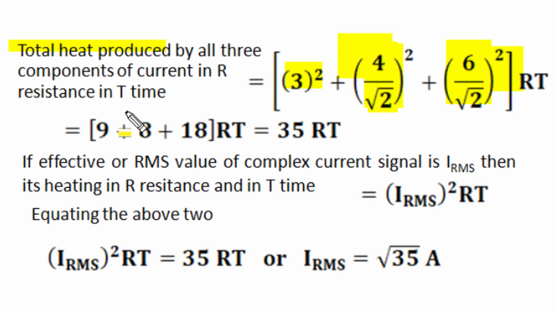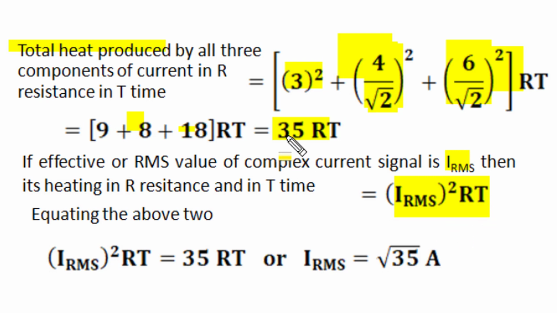When squared, it becomes 8, and similarly 3 root 2 when squared becomes 18, and the sum becomes 35 RT. And if this complex current has an effective or RMS value I RMS, then that RMS current will produce I square RT heating in R resistance for T time.